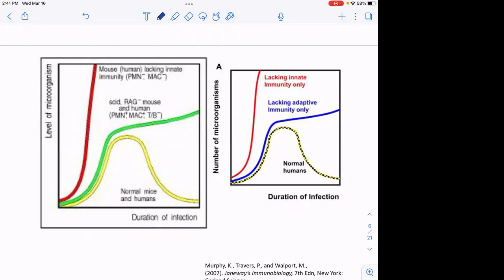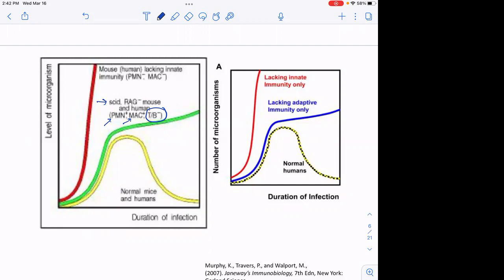So they took some SCID mice, severe combined immunodeficient mice, that do not have B cells or T cells, which are the cells of adaptive immunity, but they do have polymorphonuclear leukocytes, white blood cells that are phagocytic, and they do have macrophages. So they have some cells of the innate immunity, but not those of adaptive immunity.